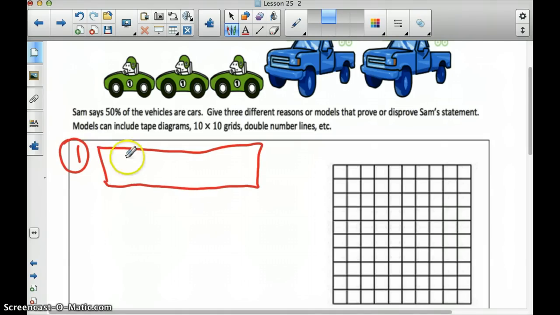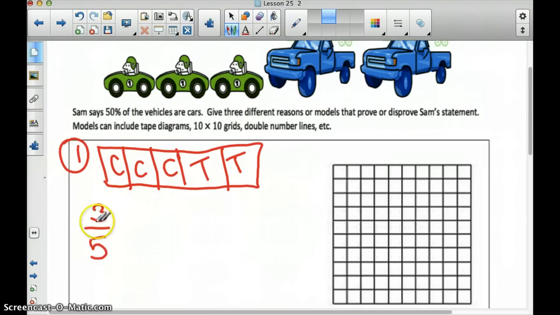That's supposed to be a nice, neat rectangle. And we have cars and trucks. Okay, so I'm just going to label this car, car, car, truck, and truck. So this fraction that we have here is 3/5 of our total. So the cars take up 3/5.